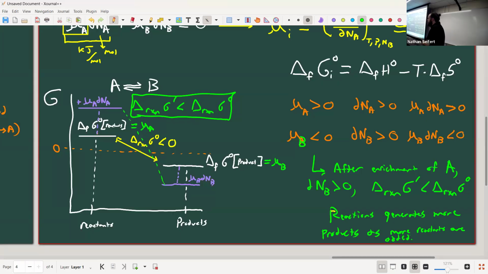Right? That's just Le Chatelier's principle. The products and the reactants react to any perturbation or change in your system to reestablish equilibrium. And so if you have an increase in one molecule, depending on the value of delta G of the other one, you're either going to gain or lose molecules. Of course, in this case, you gain product.